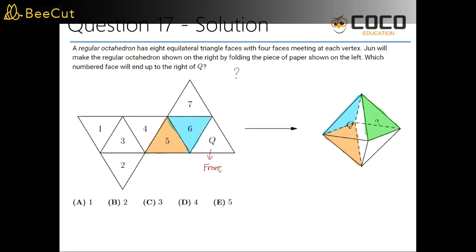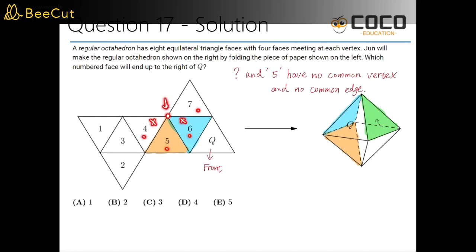So this unknown and the one with 5, they have no common point or no common edge. I can say vertex. Right, so you can see here, 5, 6, 7, and 4, they share this common vertex.